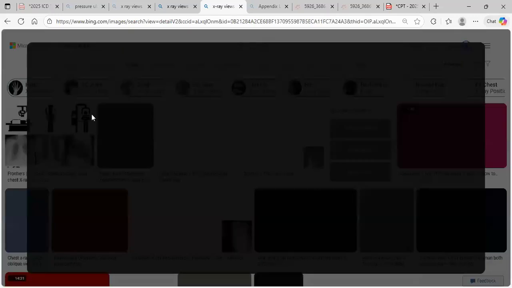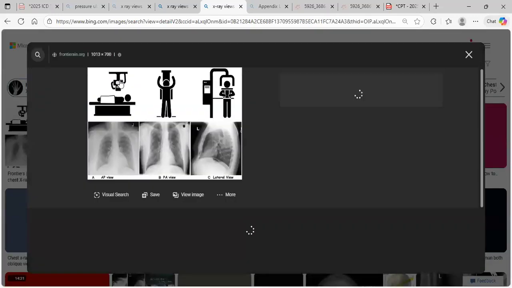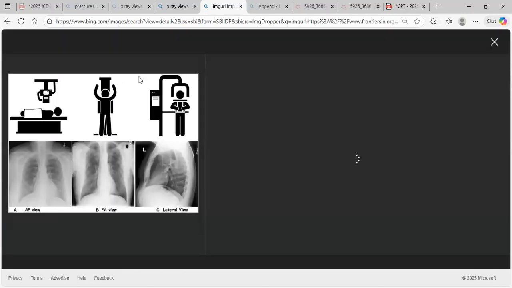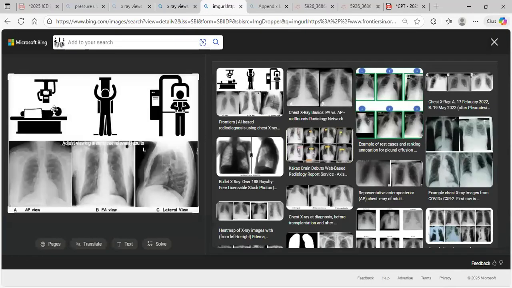Okay, X-ray views means this is the X-ray machine. This is the X-ray machine, and if we take the X-ray view from here, anterior lateral view, posterior view. So these are the views.